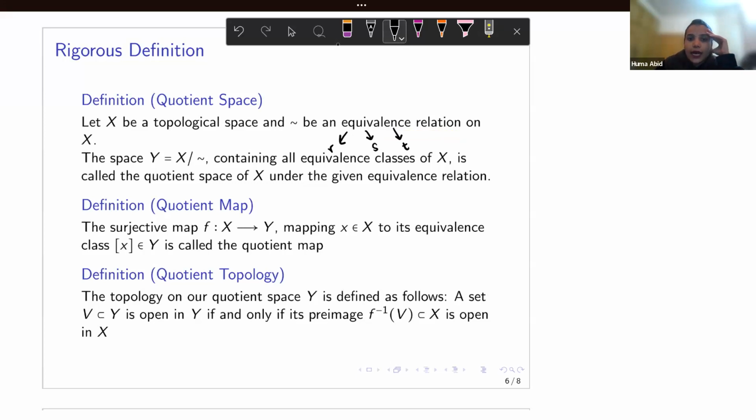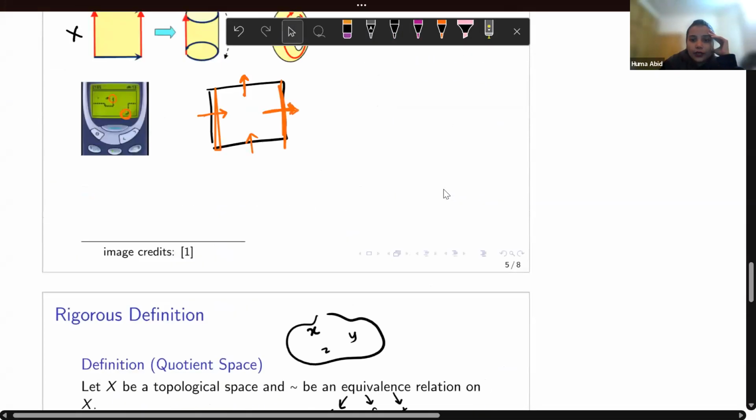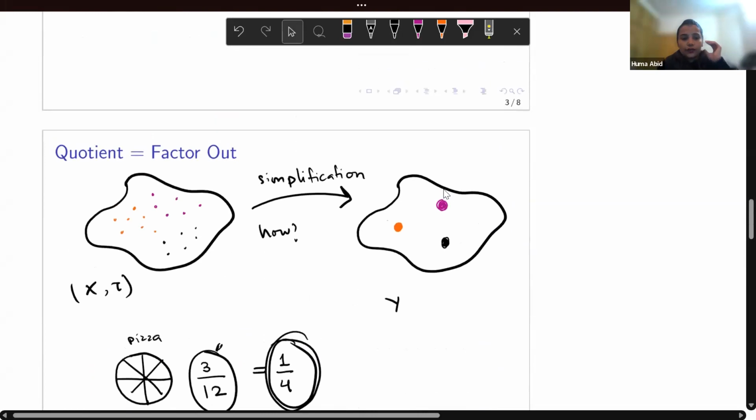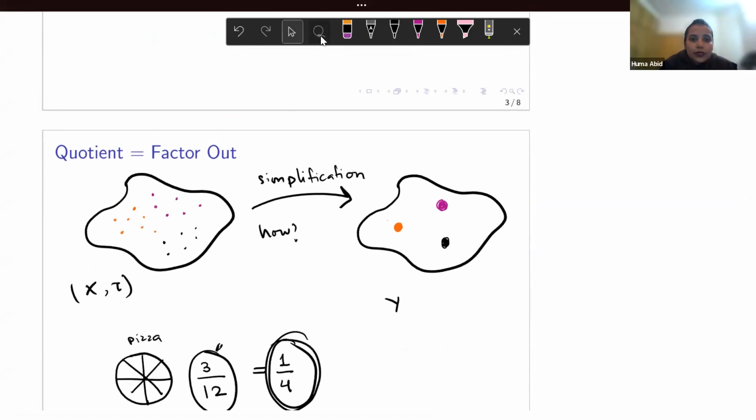The main idea behind an equivalence relation is that if you have a space and you have many different points inside of it, you find some way of identifying them, right? So if we recall this structure, here, I should paste it.